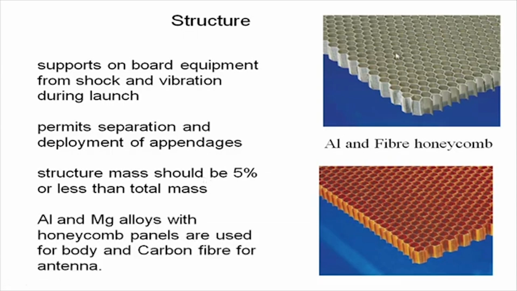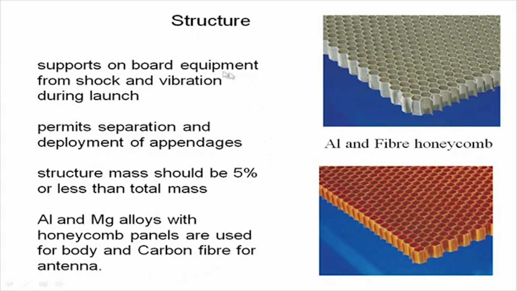You can see on the right side we have shown two pictures, in which honeycomb-type holes are there, and these are the metals outside the body. This gives strength as well as less weight, and these can be made of aluminum or fiber. Aluminum or magnesium alloy with honeycomb panels are used for the body, or carbon fiber which is used for the antenna part.